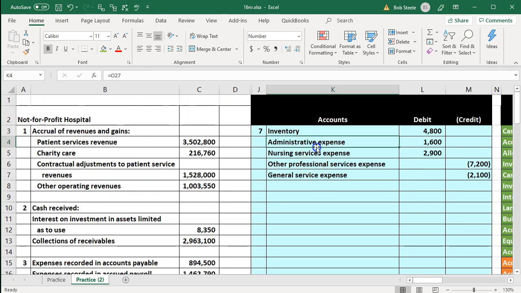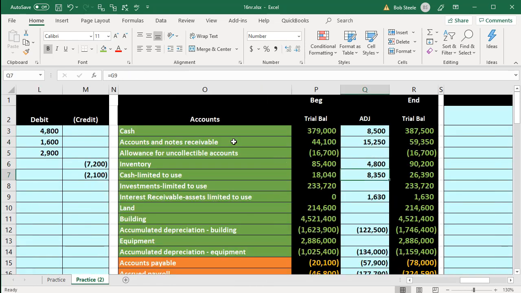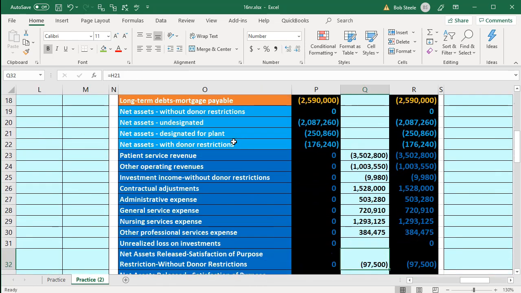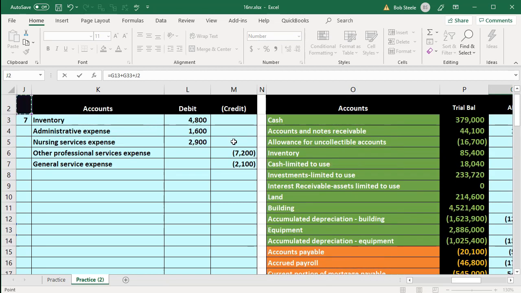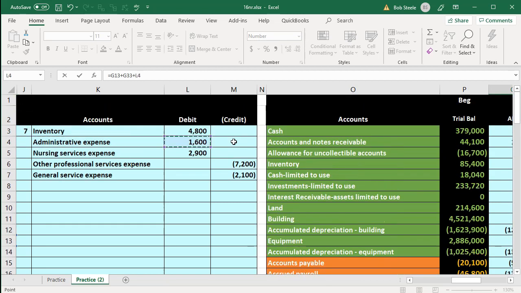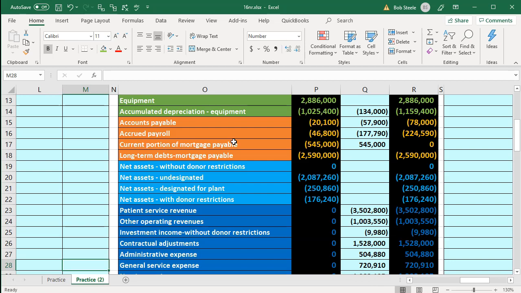Scrolling back up, then we're going to post the administrative expense. The administrative expense, scrolling back down, we see the administrative expense here. We are in cell Q27, where we will say F2 plus, scrolling back up. We're looking for the administrative expense. There it is, the 1,006, and enter.